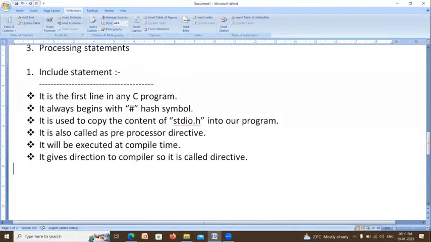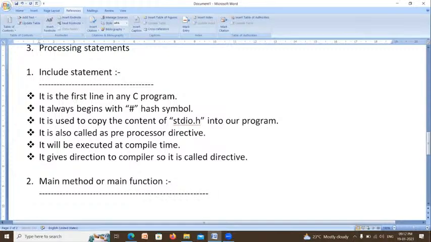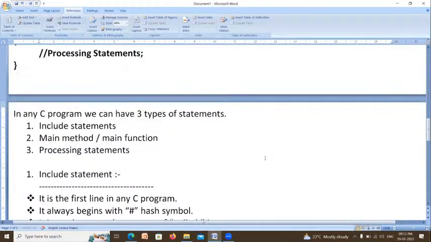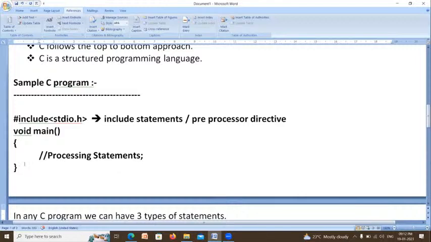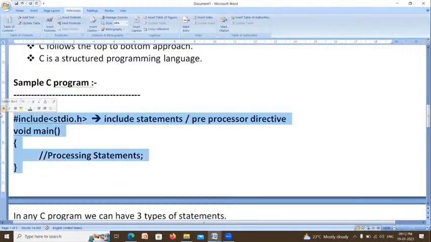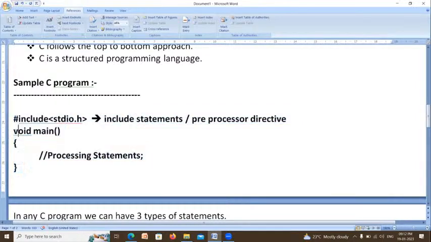Now, what is the main method? In your program, suppose you write 1 lakh lines of code. From those 1 lakh lines of code, your program's execution always starts from void main.